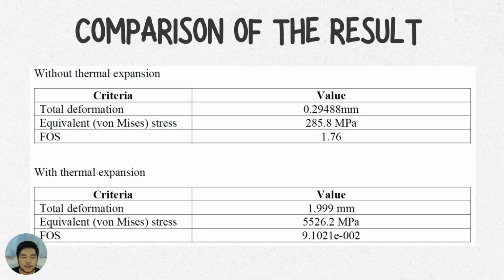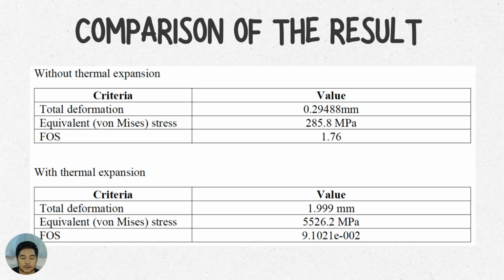Here is the comparison of the results for thermal expansion. Without thermal expansion, the total deformation is 0.294 mm, equivalent von Mises stress 285.8 megapascal, and factor of safety 1.76. With thermal expansion, the total deformation has increased to 1.99, almost 2 mm.